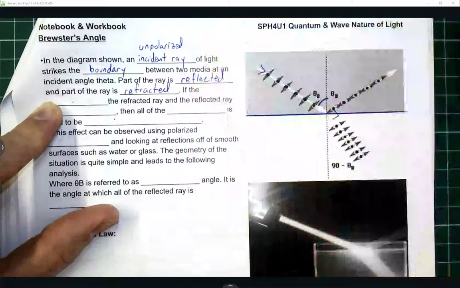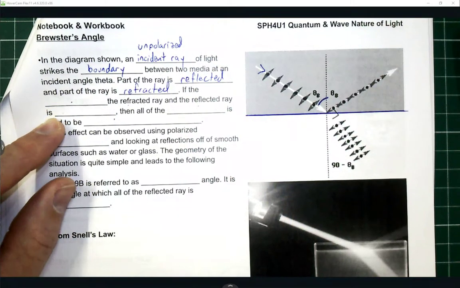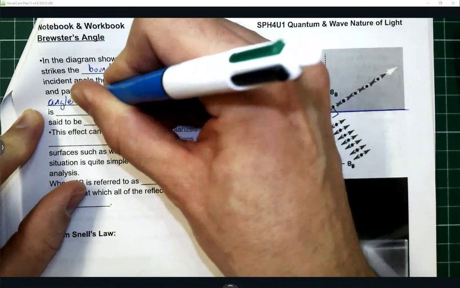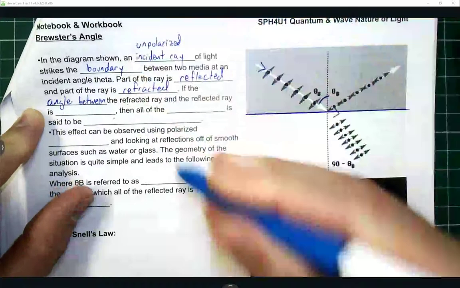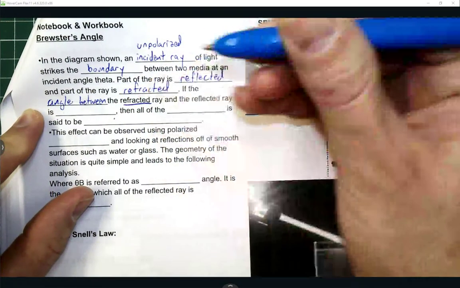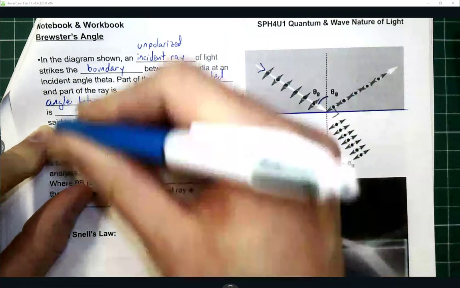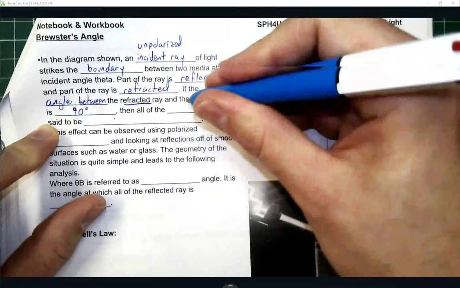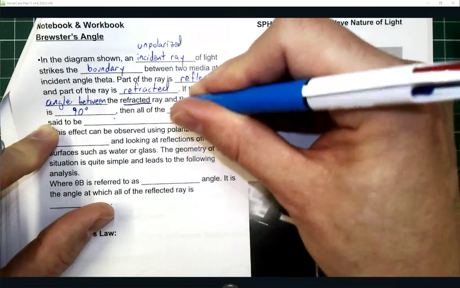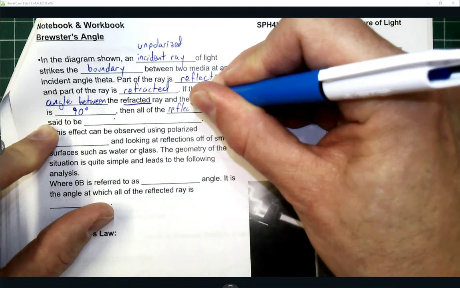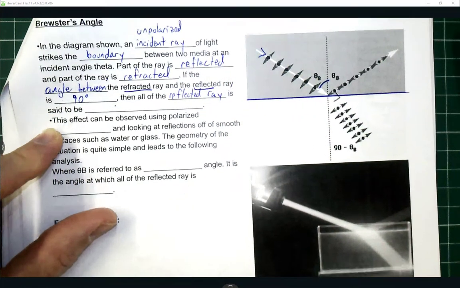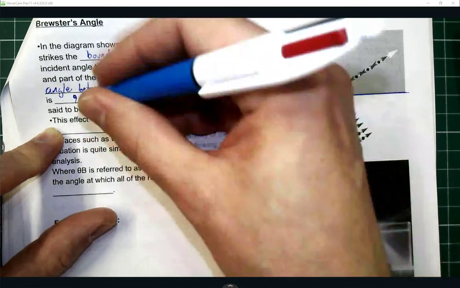This feels like 10th grade all over again. Something special happens. If the angle between the refracted ray, and I'm going to underline that it's the refracted ray, and the reflected ray is exactly 90 degrees, then all of the reflected ray is said to be horizontally linearly polarized.